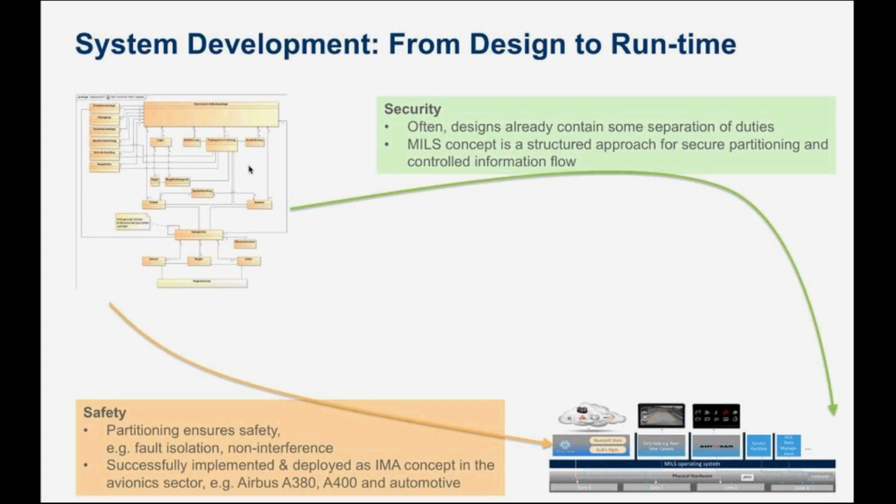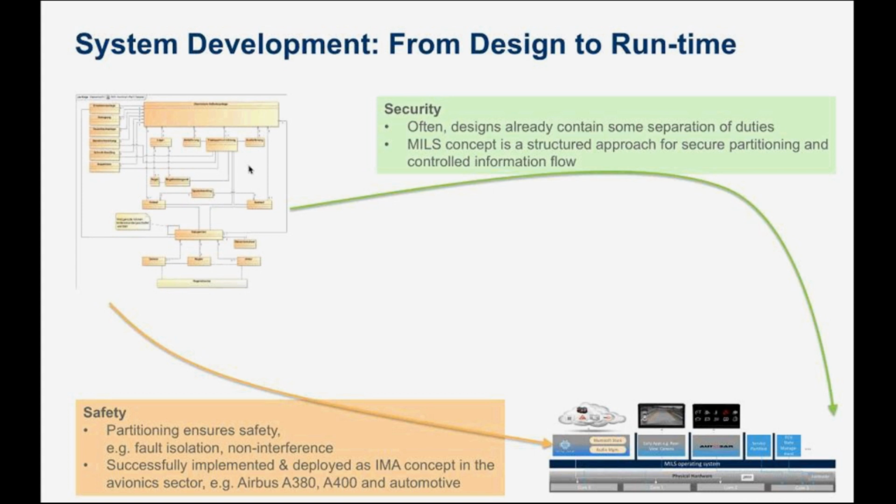On the safety side, partitioning also helps you ensure safety concepts, because now if one of the partitions fails, you can isolate those faults and keep them contained in one of the partitions, and you don't need to worry that any of the other parts of the system are influenced by that. So we have some kind of non-interference, and this has already been successfully implemented and shown in different architectures and implementations.